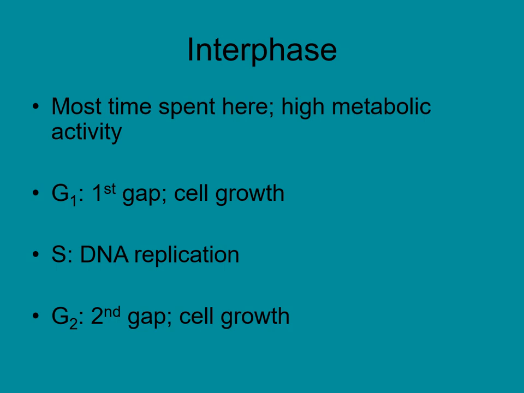After you've done that, then you will move to the G2, which is the second gap phase. This is where you're going to continue with cell growth, continue those chemical reactions, and you're going to be preparing for cell division ultimately. So you also need to be replicating all of the organelles. You need to replicate the Golgi apparatus and the mitochondria so that each of the brand new cells will have an appropriate amount of those organelles.